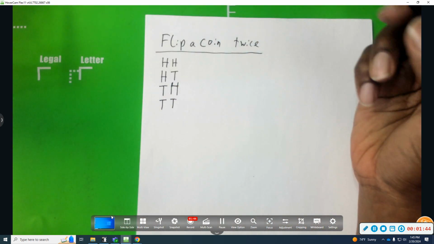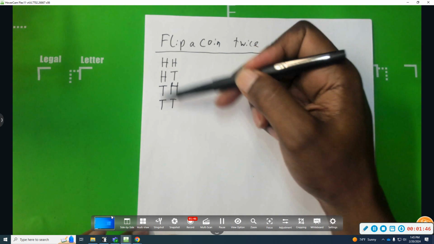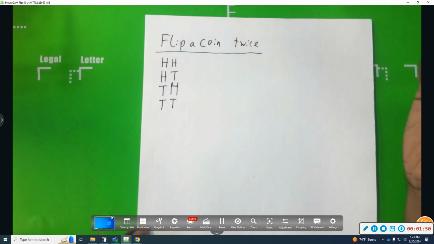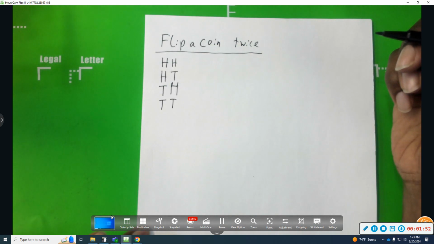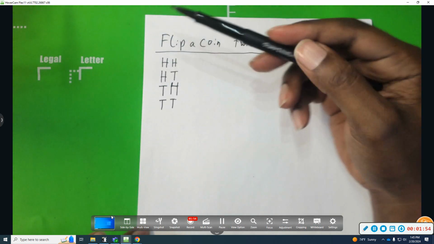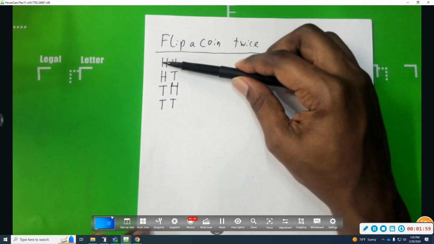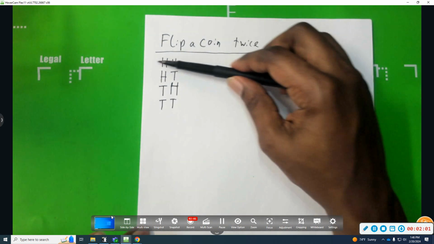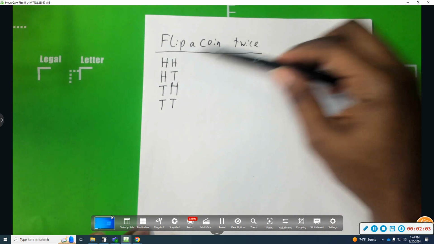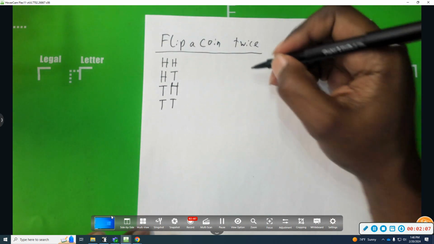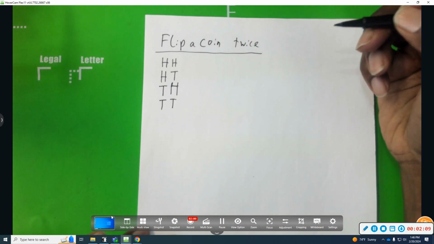Okay, so in this experiment there are 4 outcomes. So when we talk about probability, usually we assign each outcome the same value. So there's 1 out of 4 for any one of these outcomes happening. However, we get a little bit more detailed and we might make a probability distribution.